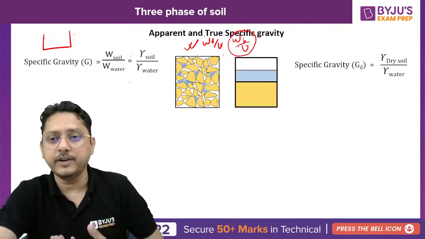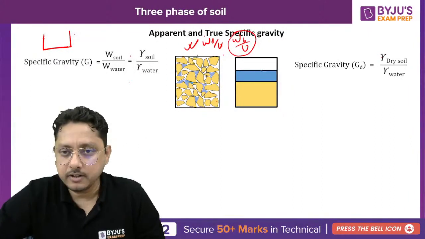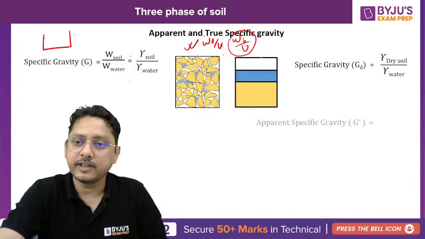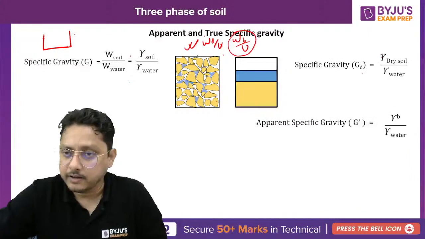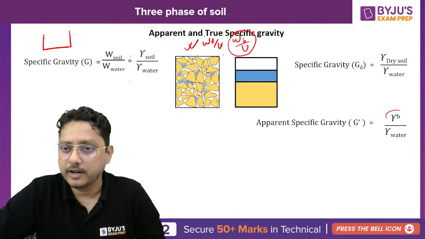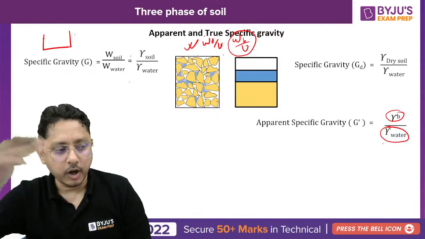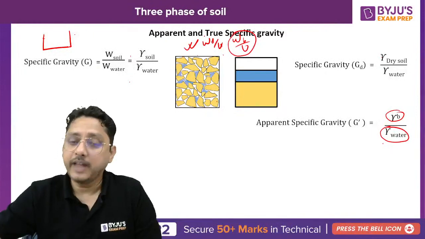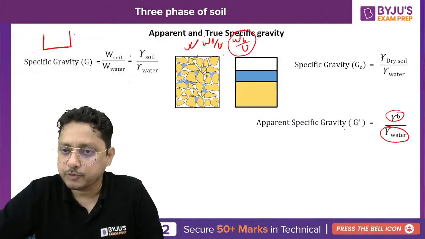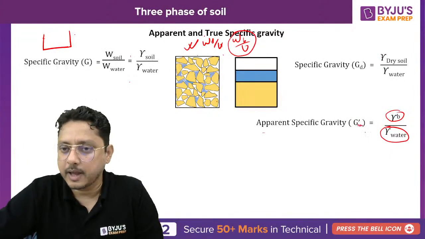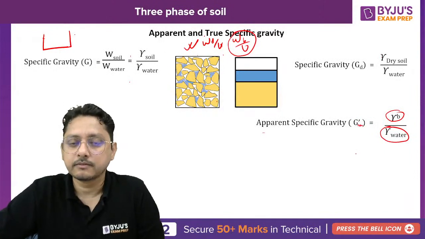So specific gravity will become unit weight of bulk soil divided by unit weight of water. That one we call the apparent specific gravity. Sometimes we represent it with m also as a suffix.